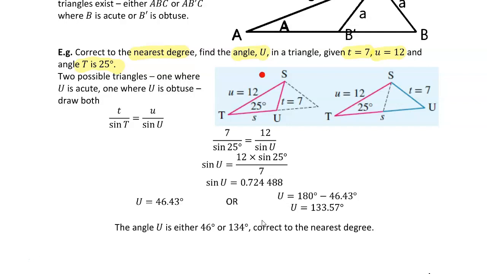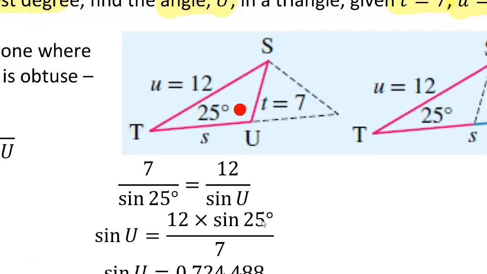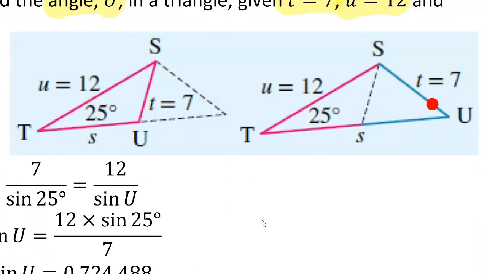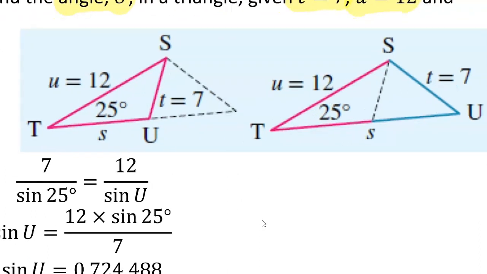So you can see here, it's shown in this little example where we've got an obtuse angle there or an acute angle there. So you can see that all the other information is the same.